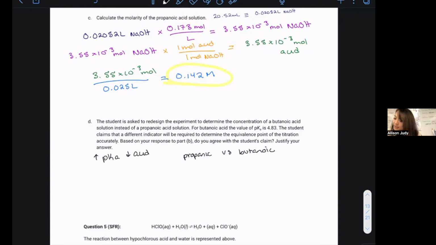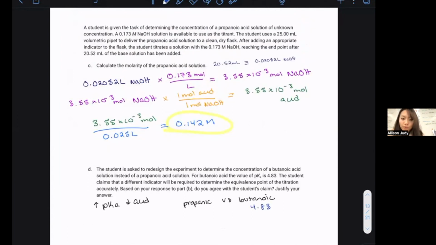So what you might want to consider doing is comparing the pKa's of the two, because you need to determine if you're going to require a different indicator, which means you're going to have a different range of pH for your equivalence. So butanoic was given to me from the prompt that I have a butanoic pKa of 4.83.